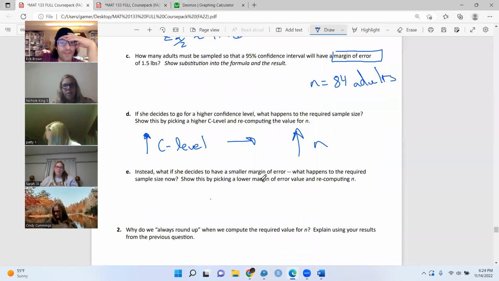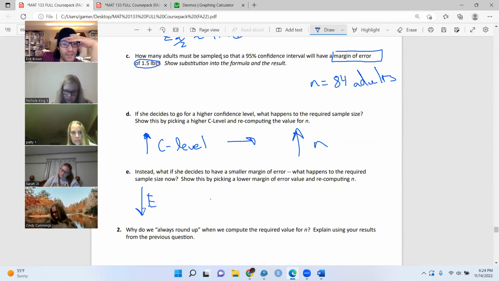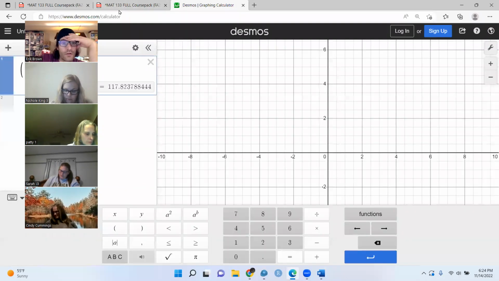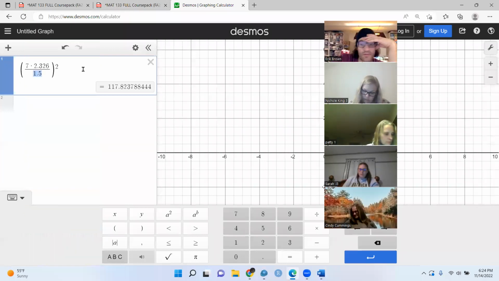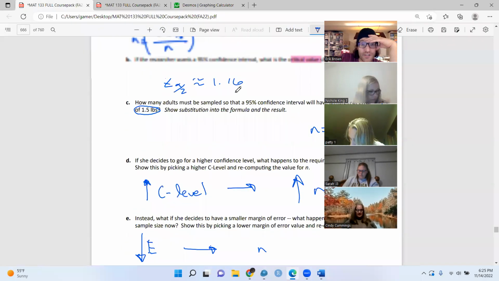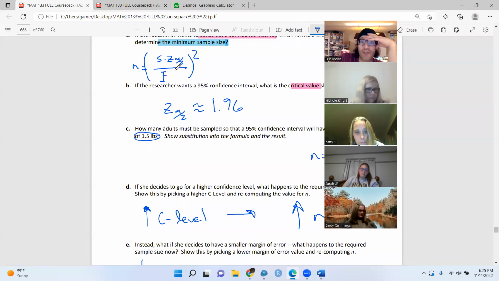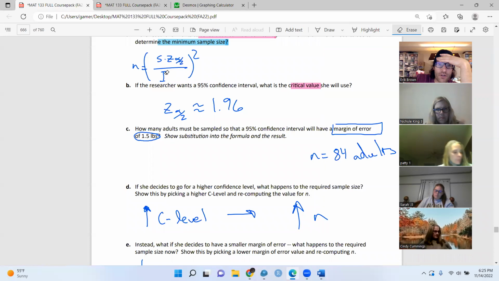All right, what happens if we have a smaller margin of error? We're going to change this 1.5. In other words, finish this sentence. Decrease E, what happens to the sample size? Well, let's change 1.5 to 0.75. Ooh, goes up quite drastically. That should make sense too, because the margin of error is what we divide by. If we have a smaller margin of error, we're dividing by a smaller number.